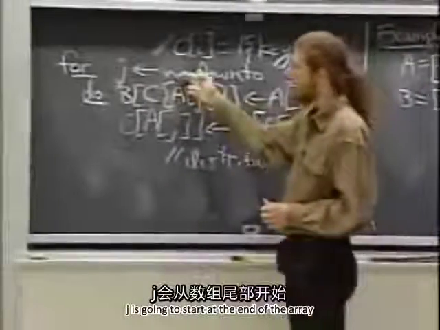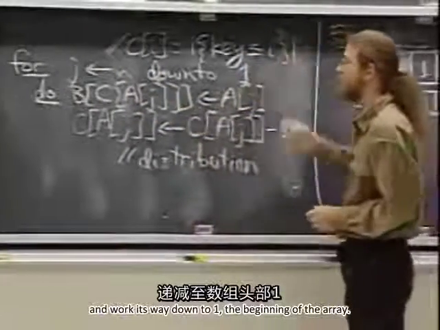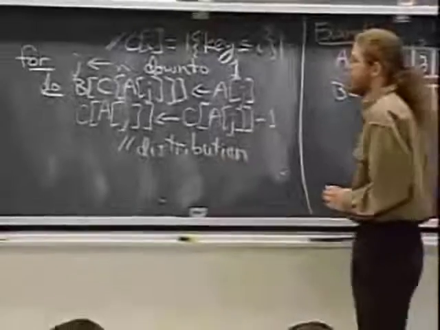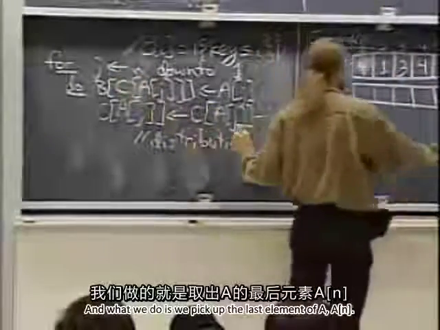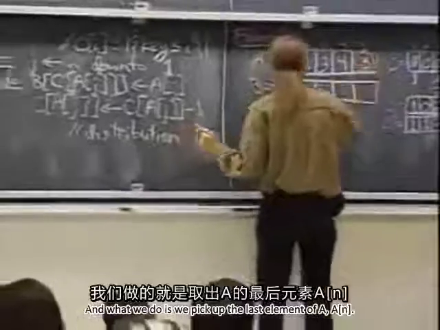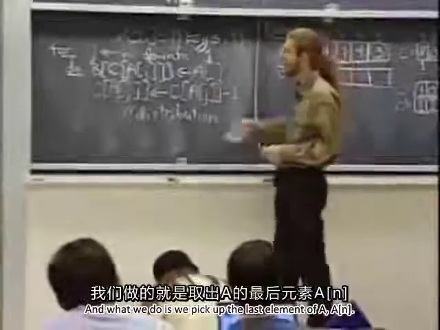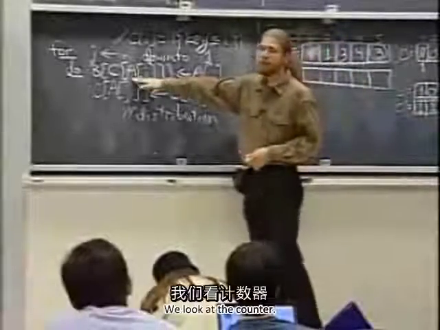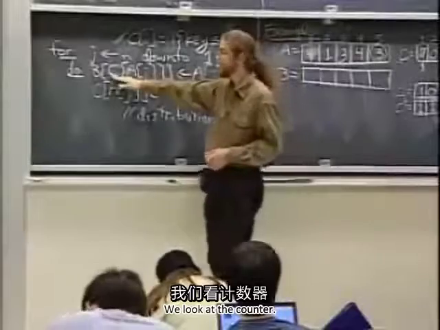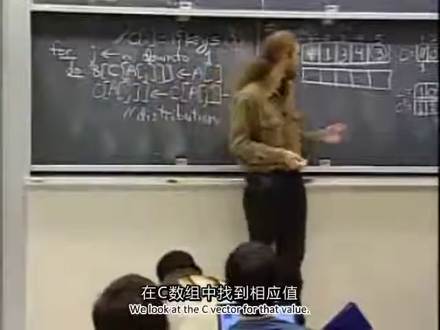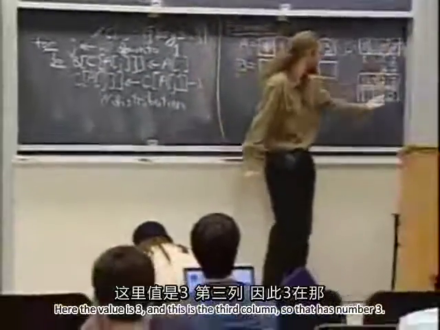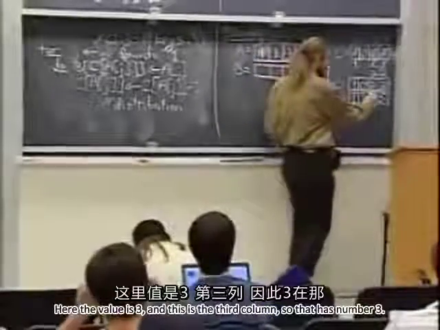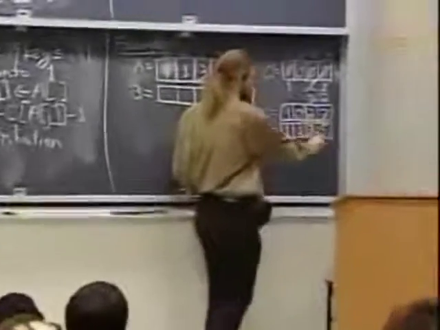J is going to start at the end of the array and work its way down to 1, the beginning of the array. So we're trying to sort, so we pick up the last element of A[n]. We look at the counter, we look at the C vector for that value. Here the value is 3, and this is the third column, so that has number 3.